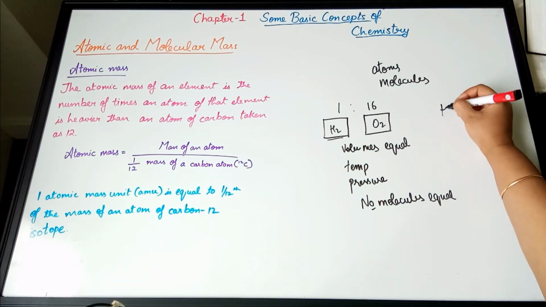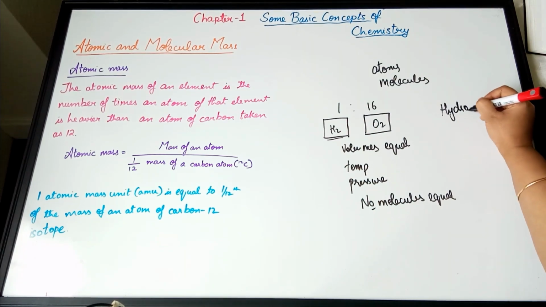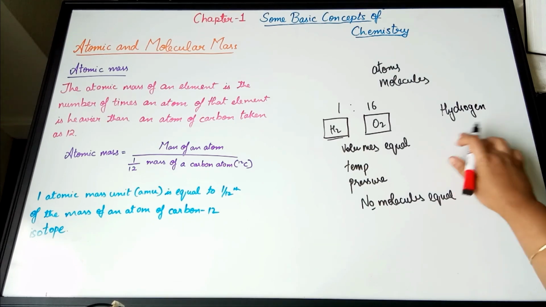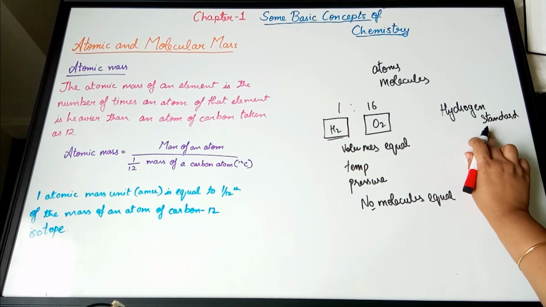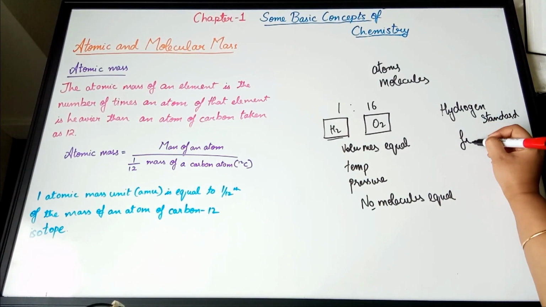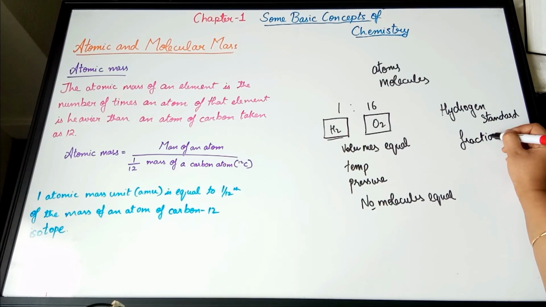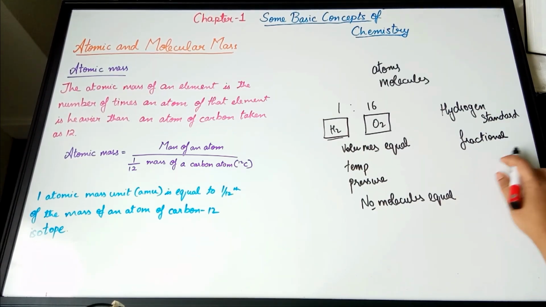When hydrogen was used as the standard, they figured out the masses of various elements. But the main issue with this was that elements started showing fractional masses. If it was fractional, then obviously it would be difficult for us to use them in various calculations.